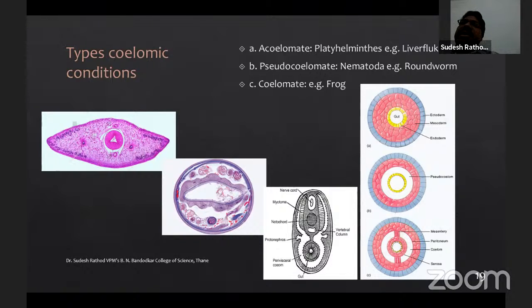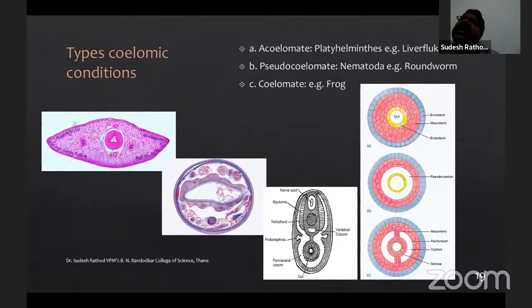Okay, pink color mesodermal layer on the right hand side figure if you see. But the case is middle, that is that pink layer lies on one side towards ectoderm, and endoderm is not at all covered by mesoderm. Because of that, this particular coelomic cavity is known as pseudo or false coelomic cavity.